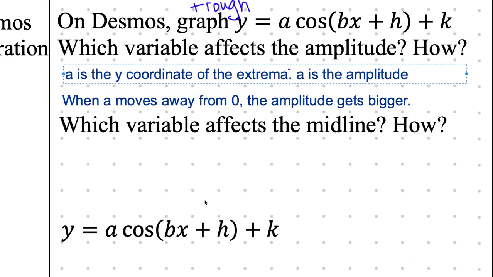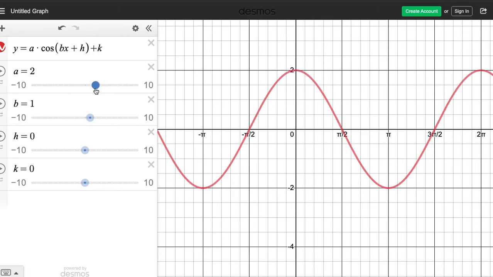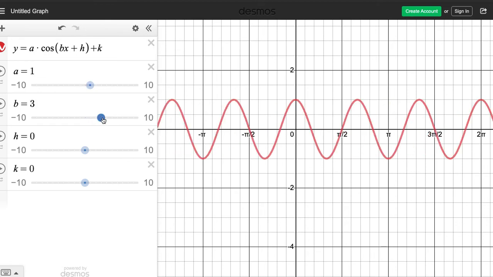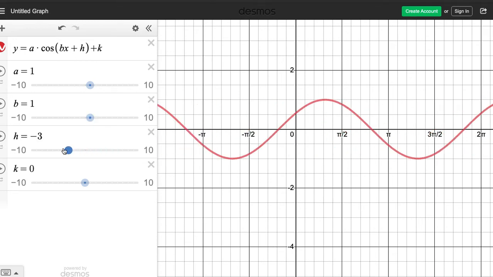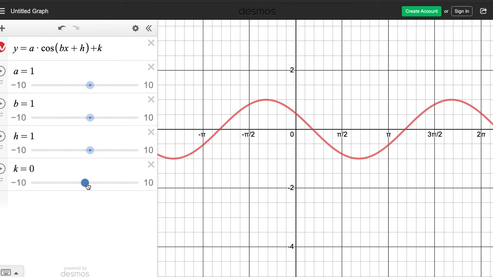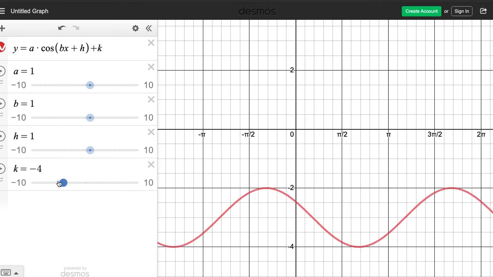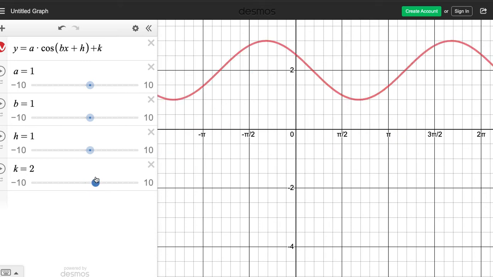Midline. What's going to change the midline? What's going to shift the function to make it go up, make the function go down? Which letter is it? And then how is that affecting it? So at least when I'm playing with it, it looks like K is the thing that shifts it up and down.